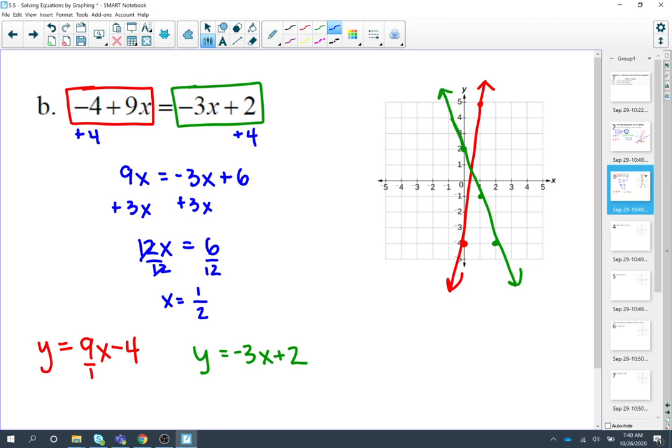And our point of intersection would be sitting maybe like right there, like 1/2, 1/2. And it's a good thing we solved it by hand first, because otherwise we'd really be guesstimating. But anyways, it looks like it's over here at x equals 1/2. So let's check it. So I'm going to take, let's see, -4 plus 9 times 1/2.